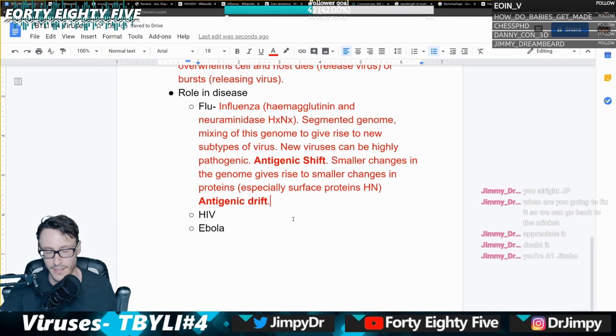Because over the course of a year, the H and the N proteins drift slightly, i.e. they slightly change in their structure, and it renders the immune response that we generated from the last vaccine useless, effectively. And we need a new vaccine that's based specifically on those antigens in order to combat the virus.